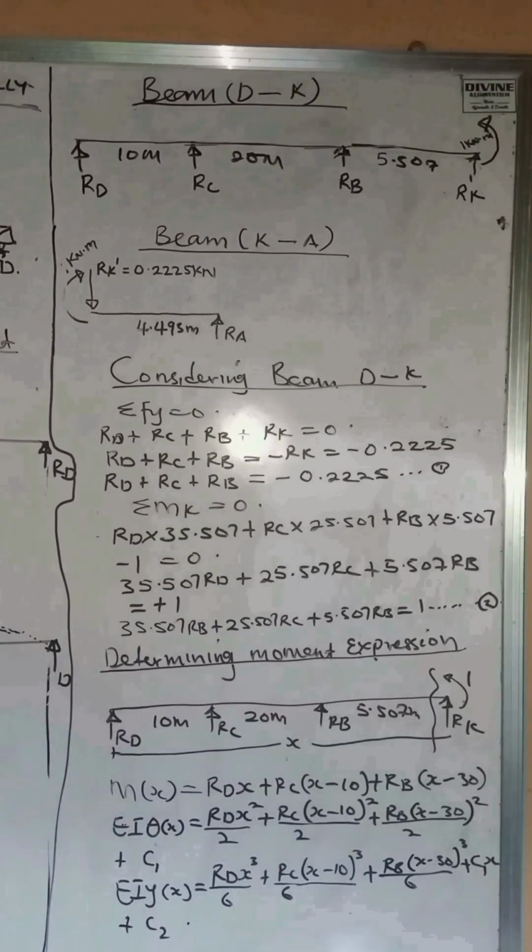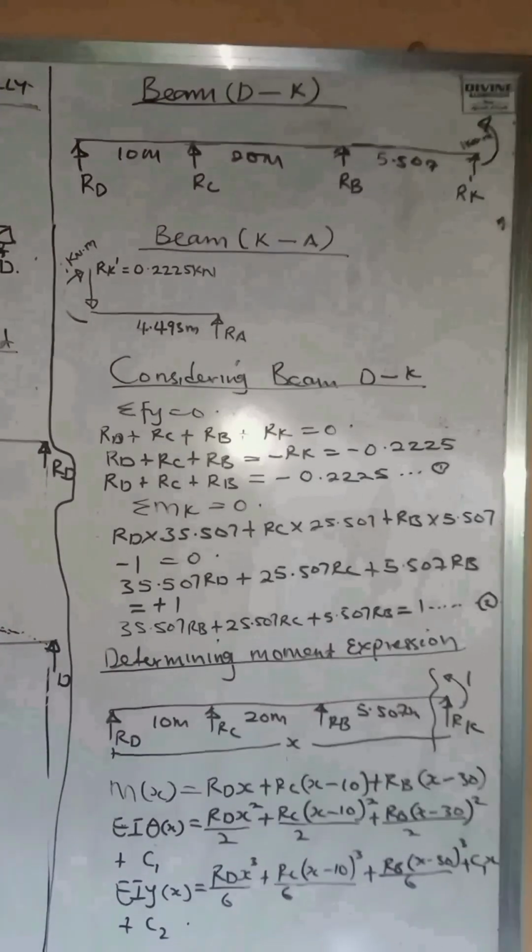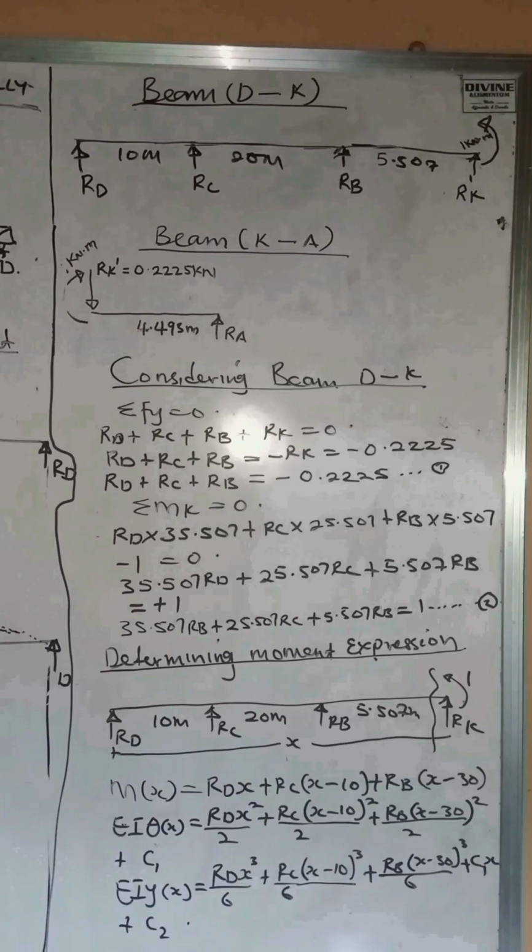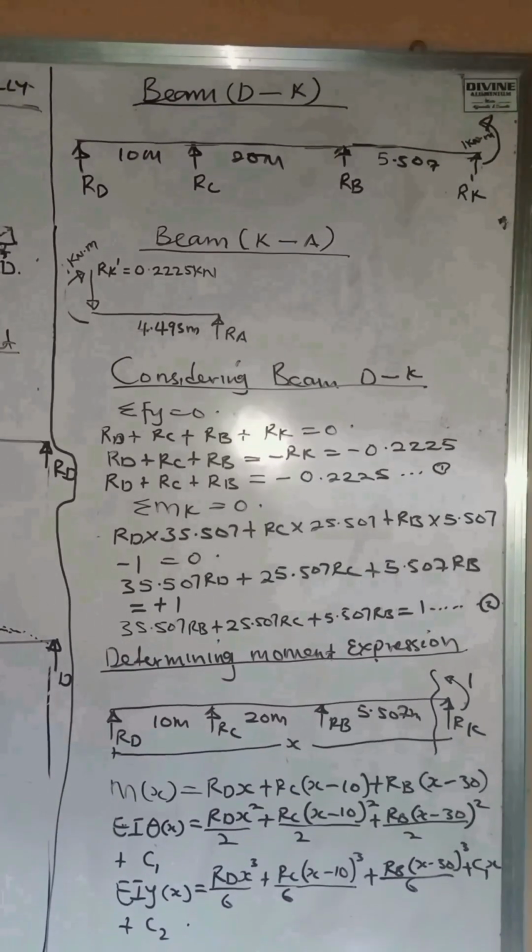So this becomes the deflection expression for this beam at a section across span B to K, starting from the left hand side, which is from support D.